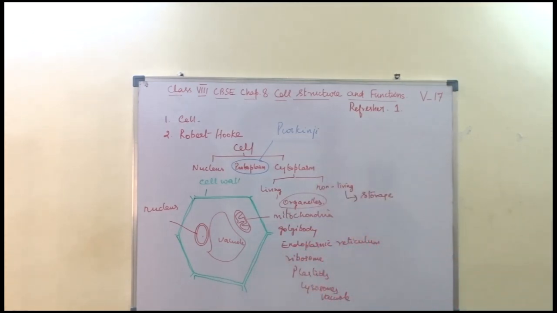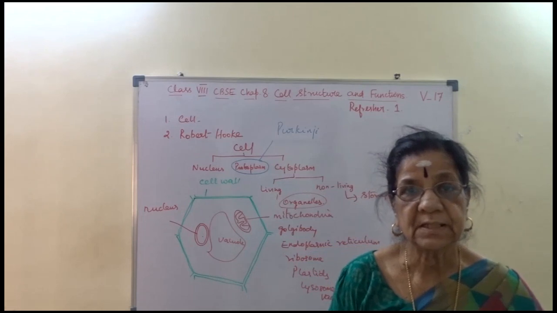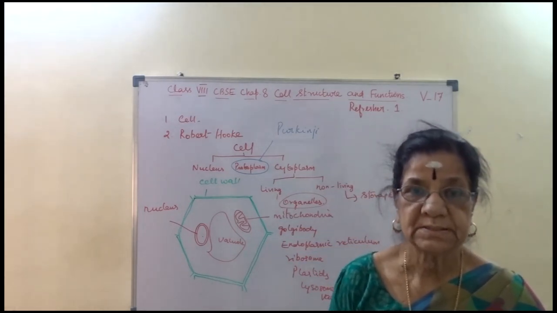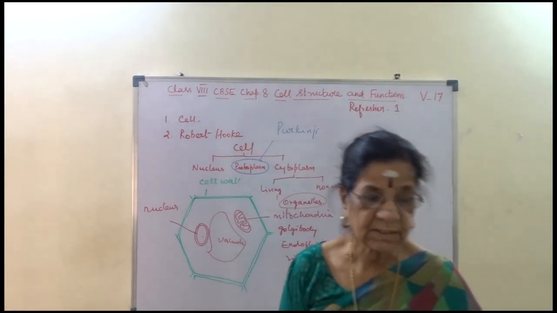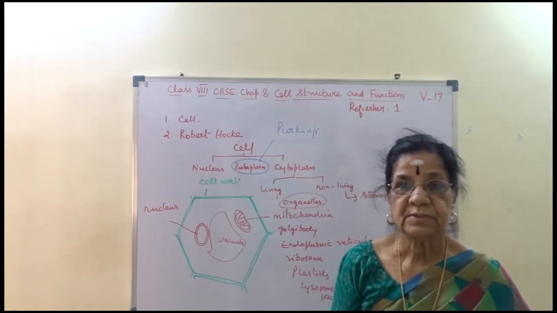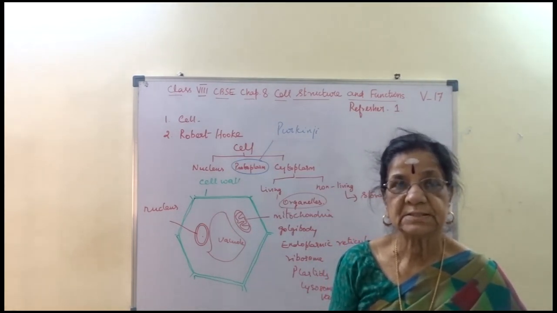And in plant cell, starch is the storage material, whereas glycogen is the storage material in animal cell. So this is the difference between plant cell and animal cell. We'll just continue.